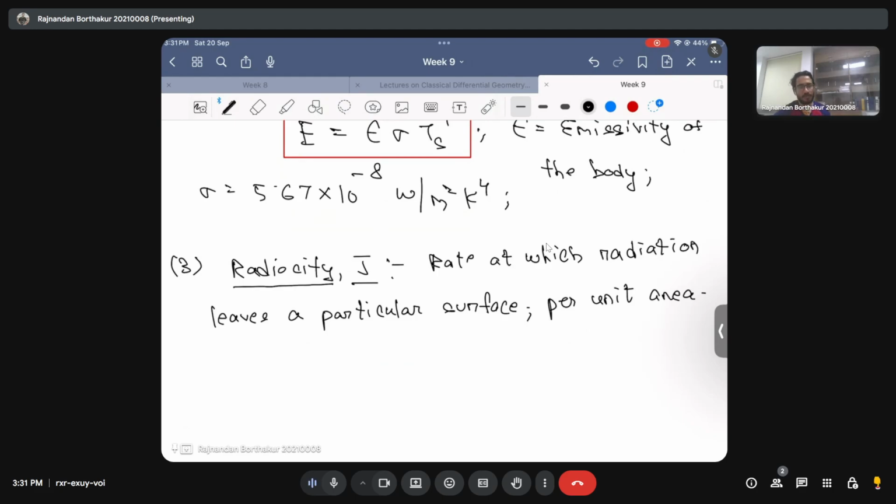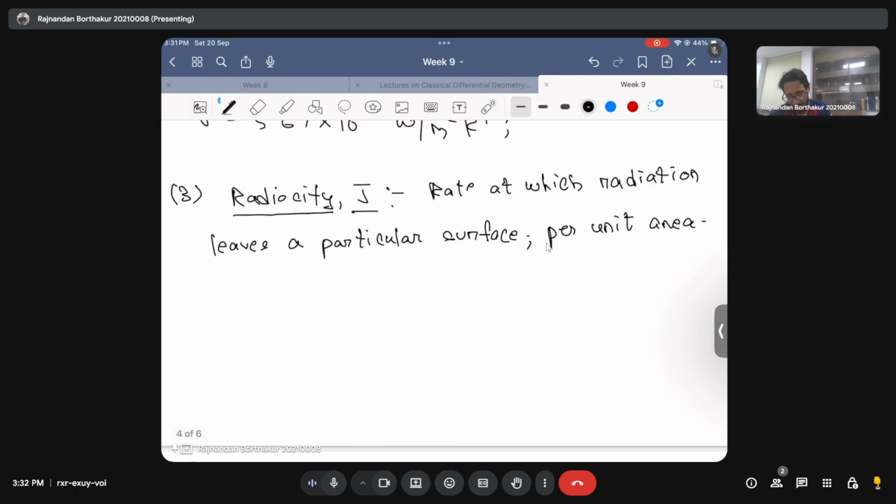But I hope you now understand that if I try to quantify how much radiation leaves a particular surface, I need to understand that it is not just the emissive power, and it is not just the reflected part of the incoming radiation. Rather, it is the summation of these two things that combine to give you radiosity.